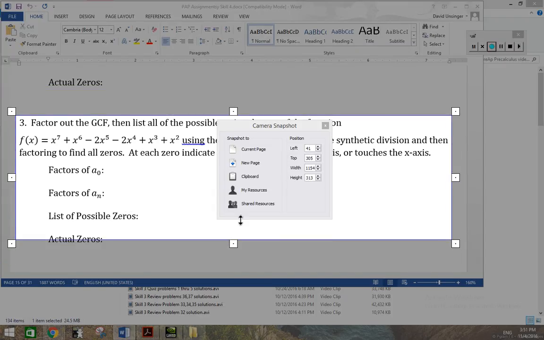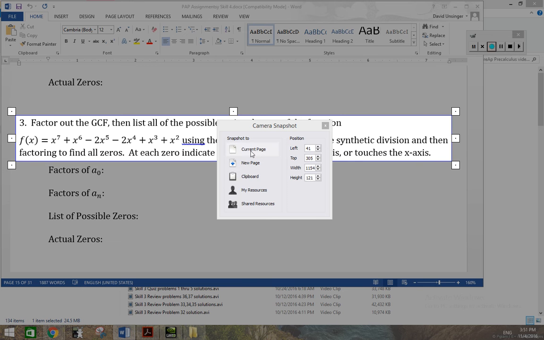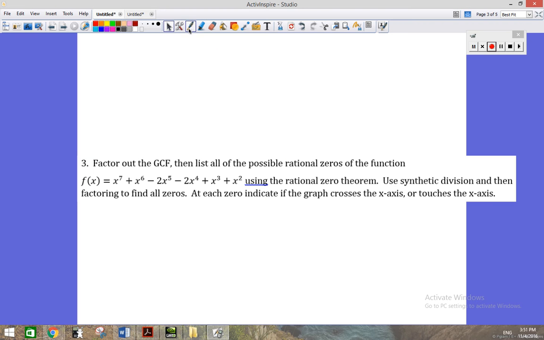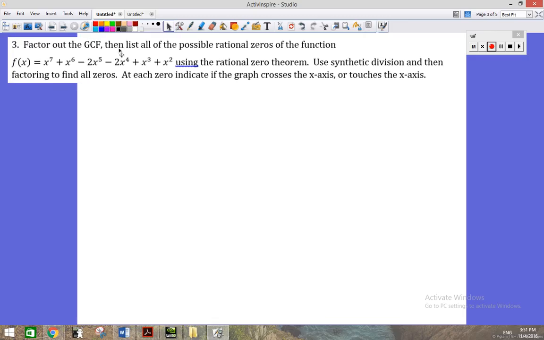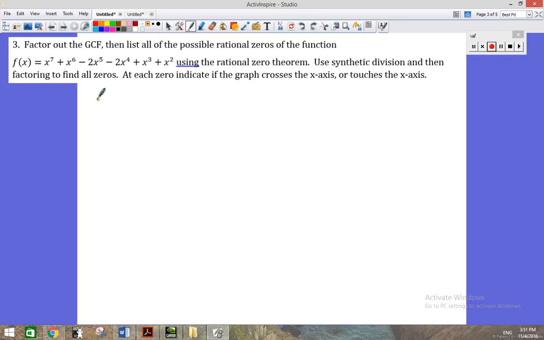I'm just going to copy this, and I think you'll see what I'm doing here in a second. So I need to rewrite f of x. X squared is the greatest common factor. Now, my polynomial of interest is going to be x to the 5th plus x to the 4th minus 2x cubed minus 2x squared plus 1.